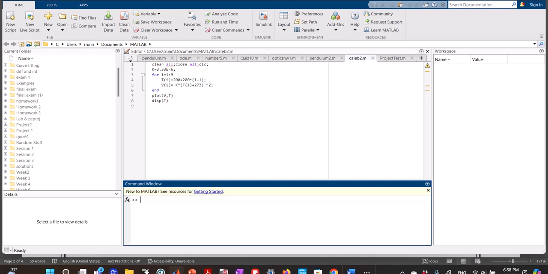So I will just say A equals, so I put in the first row separated by commas and then a semicolon, using I for J, and then a semicolon.